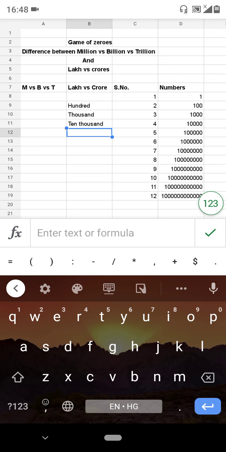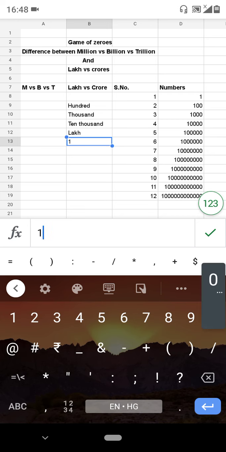Now here, this is your lakh, where we have 5 zeros. So in 1 lakh rupees, how many zeros do we have? These are 5 zeros. Now next is 10 lakh. You have got 6 zeros.